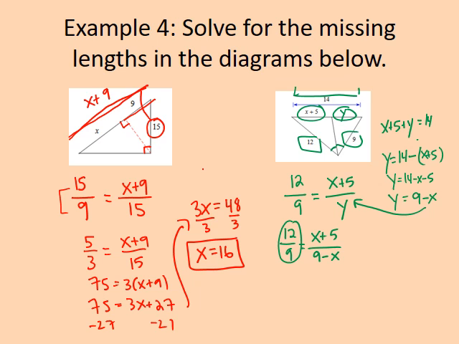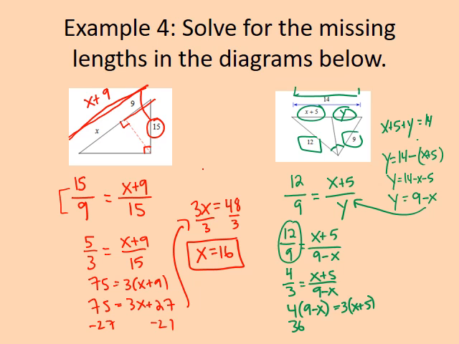Once again, I think it's a good choice to reduce this proportion. So 12 divided by 9 reduces to 4/3. So we have 4/3 equals x plus 5 over 9 minus x. Let's cross multiply. So we have 4 times 9 minus x equals 3 times x plus 5.